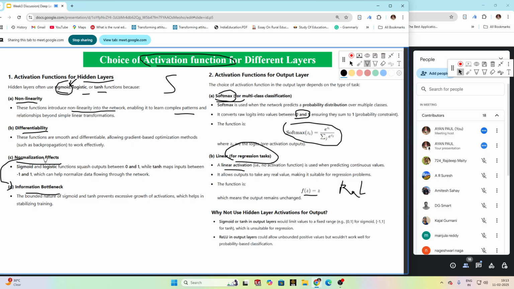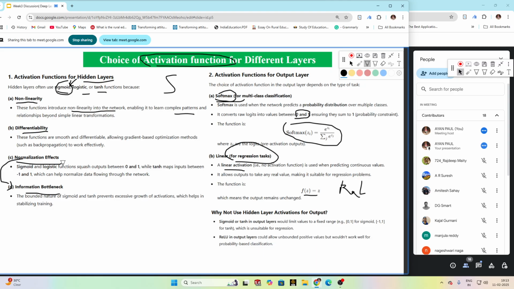And third, an important point, it has a normalization effect, because the input can be very large, but it will normalize the thing. So that is why we mostly use the sigmoid logistic or tanh function. Logistic and tanh are two functions of the sigmoid family.